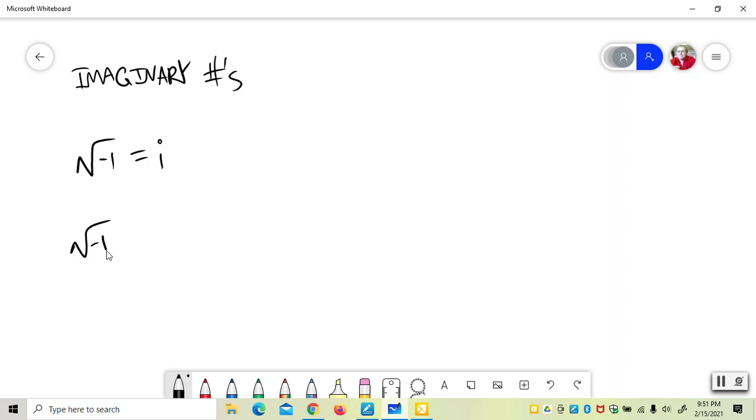The square root of -1 is not 1, because 1 squared is 1. The square root of -1 is not -1, because -1 squared is also 1, because a positive times a positive is a positive, and a negative times a negative is a positive.